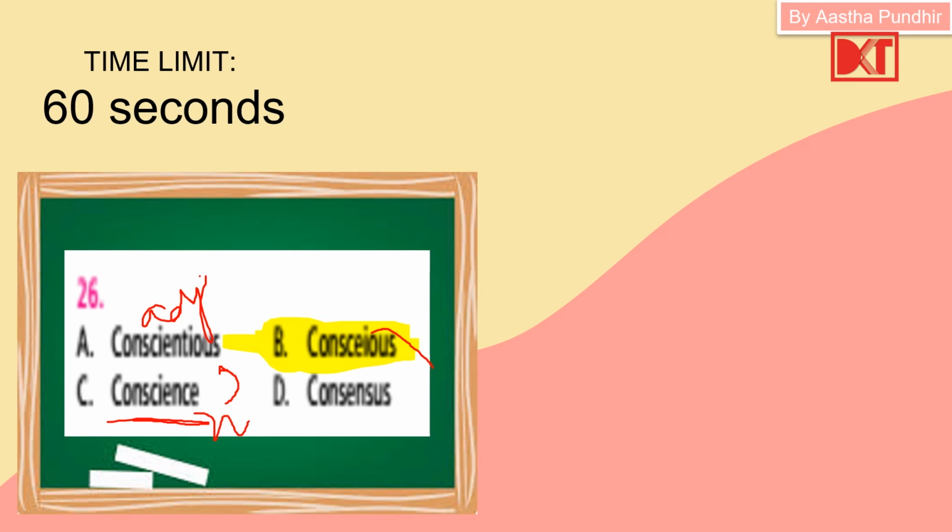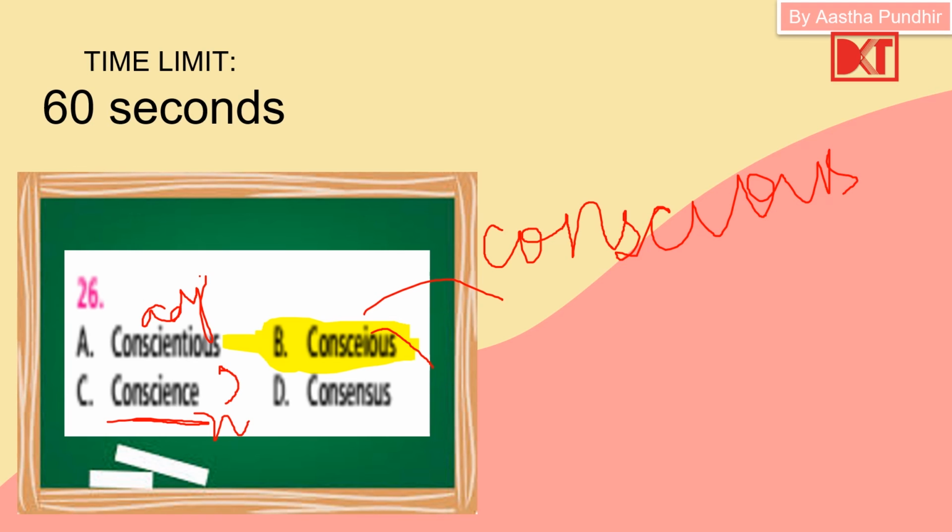Now conscious means being aware of your surroundings, you know, awareness, having knowledge of something. So here the correct spelling according to me should be C-O-N-S-C-I-O-U-S. This is a different word than conscience. Okay, this is a noun, this is an adjective. Conscious is an adjective, a person who has awareness.